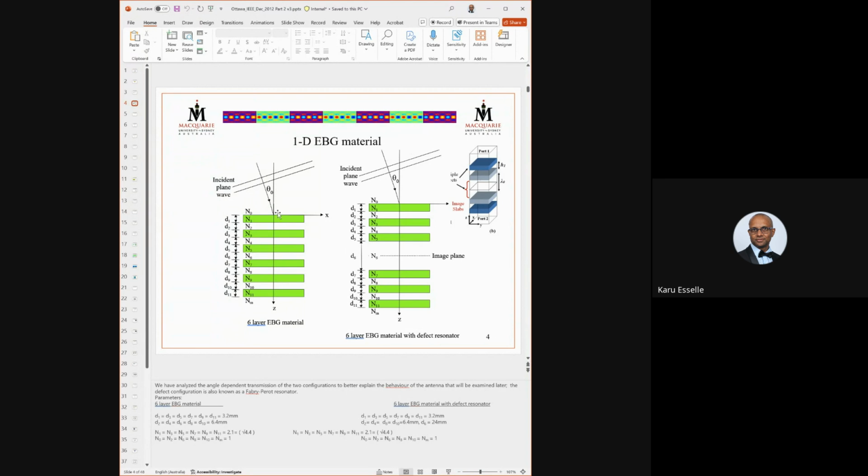If you had enough slabs, it will block propagation completely in the Z direction. But it does not have the band gap in other directions, so it does not have a complete band gap. The photonic crystal, the woodpile you saw in the previous lectures, has a complete band gap. So that's the 3D band gap. This is only 1D.